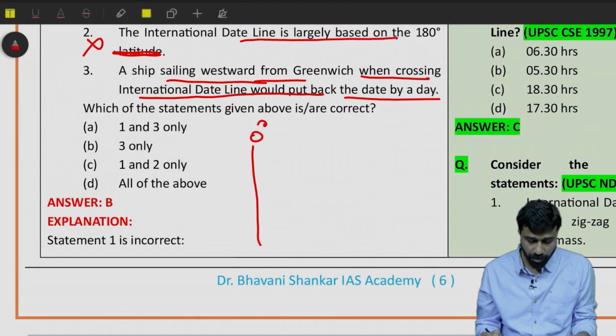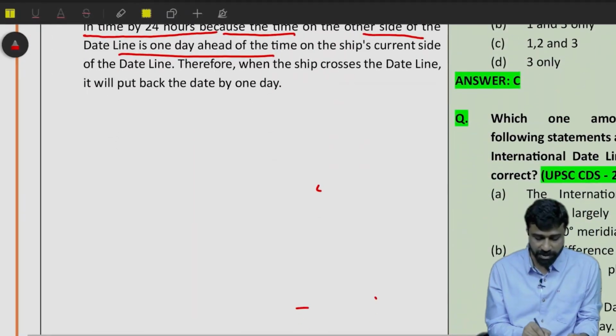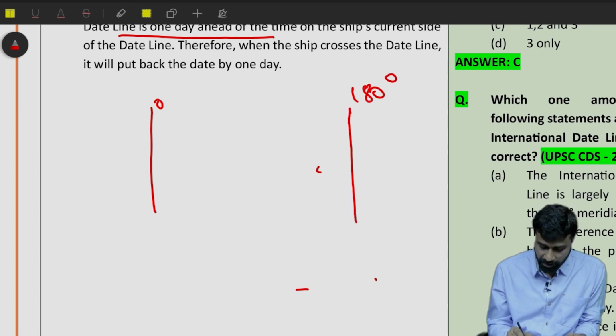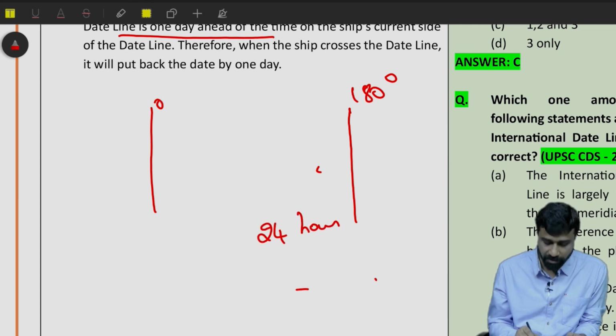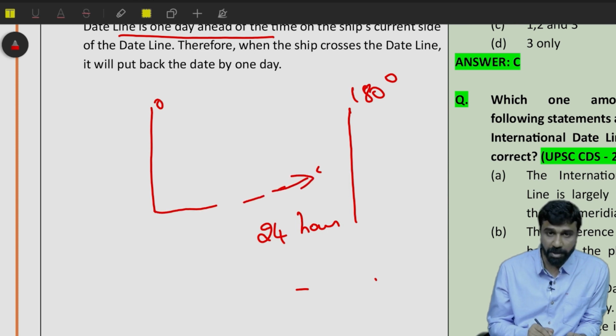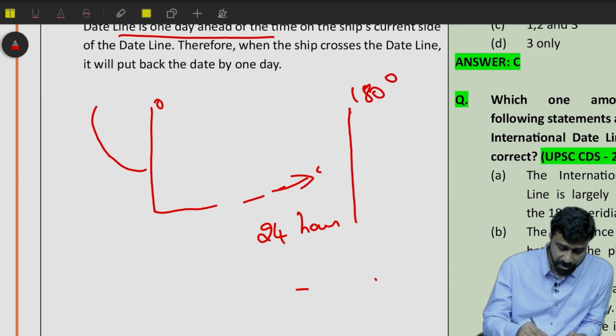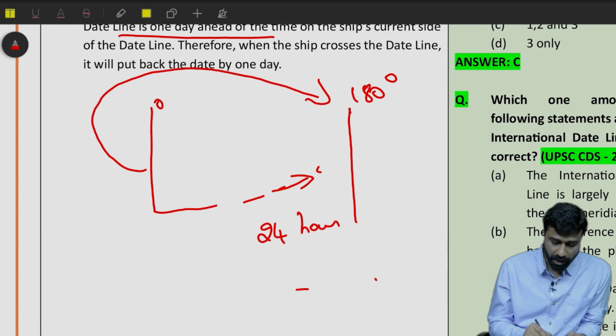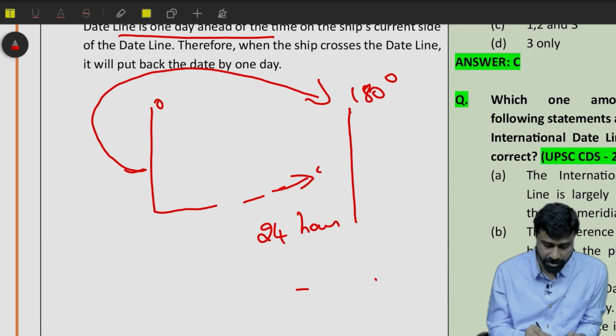So you have to know the basic concepts of 0 degrees Greenwich and also 180 degrees longitude. Here the 180 degrees longitude is 24 hours ahead of Greenwich when you are going back from the Greenwich. When you are crossing the Greenwich, you are nearer to the 180 degrees longitude, and you are continuing the same day which is available at 0 degrees.